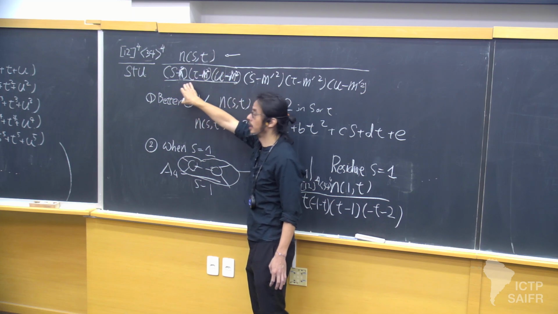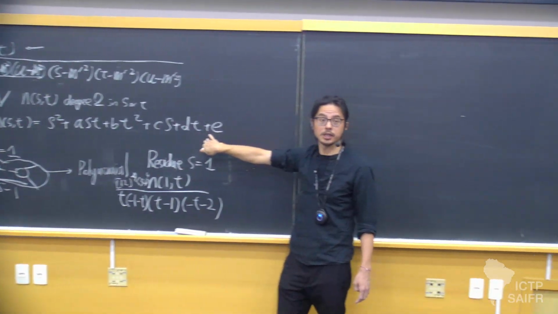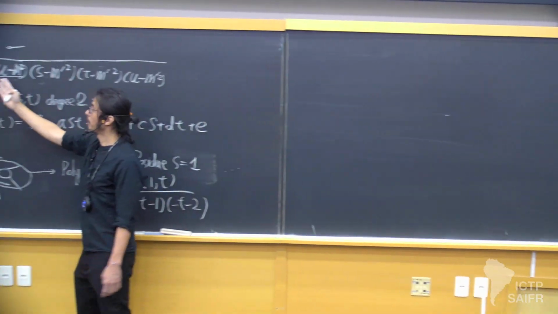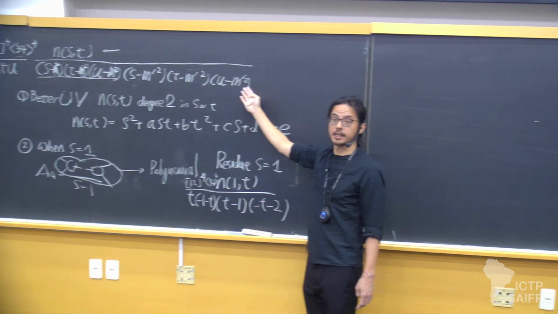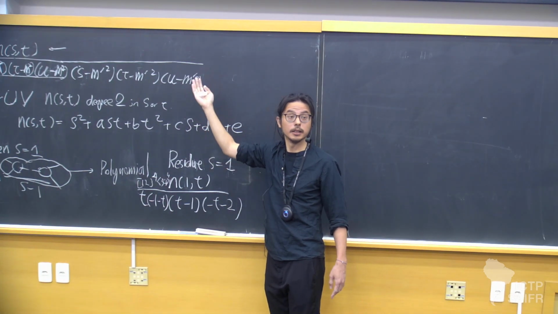Previously, the denominator just had degree 3, so my T polynomial was just degree 2. If my denominator has degree 6, now my T can be of degree 5. So I can boost my T.